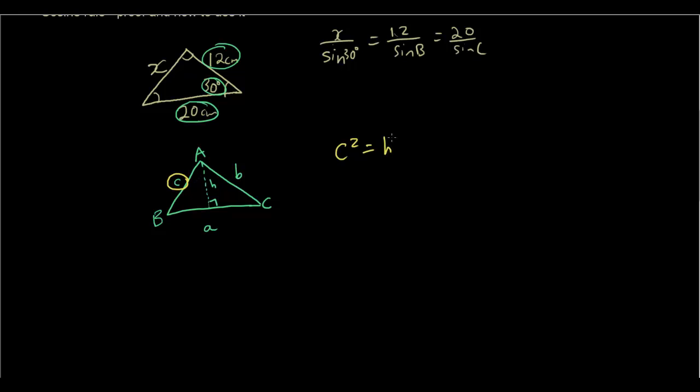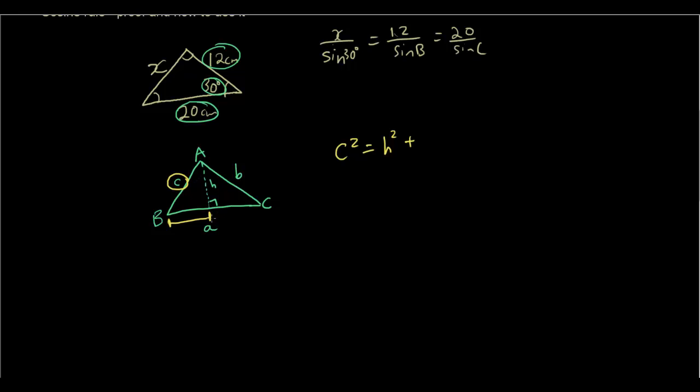H squared plus, and we need a quantity to describe this side length here, right? Using Pythagoras, once we have a value for this, then we can put it in this equation: a squared plus b squared equals c squared.